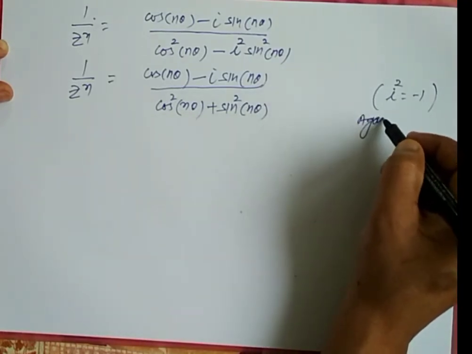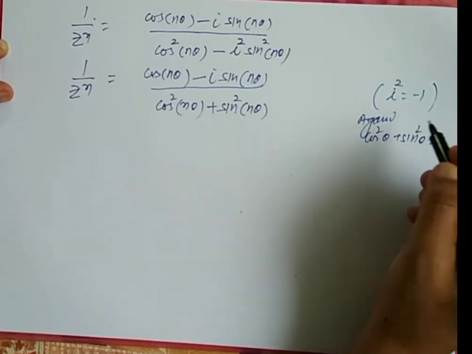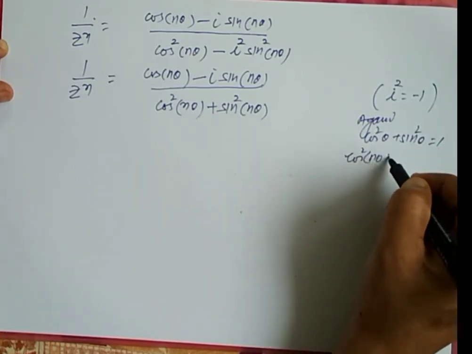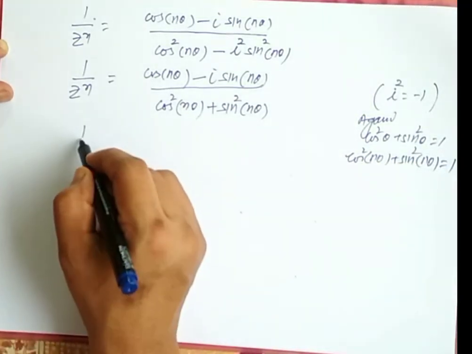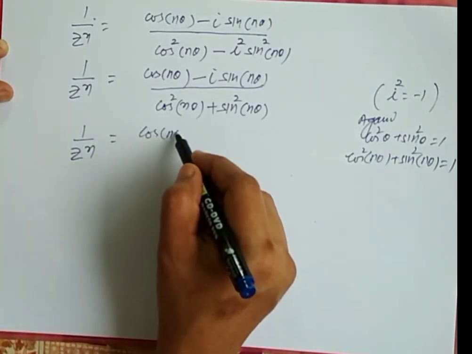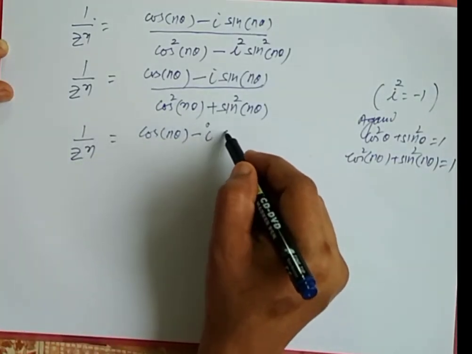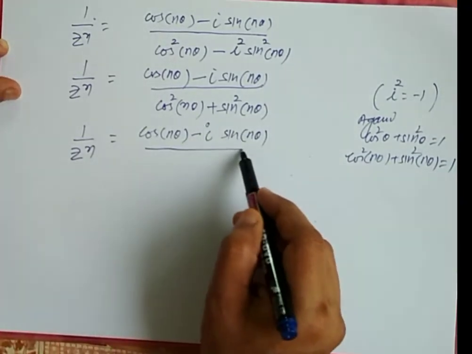Again cos square theta plus sin square theta is 1. So cos square of n theta plus sin square of n theta equals 1. So 1 upon z raised to power n is equal to cos of n theta minus i sin n theta. This lower power will become 1.